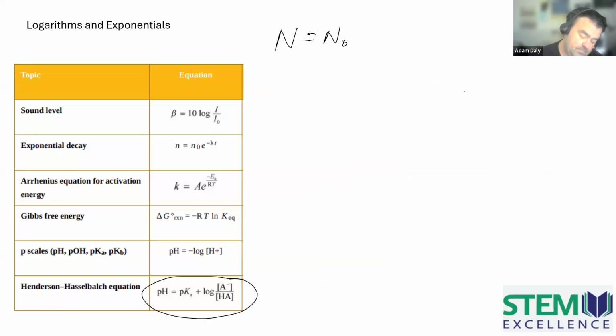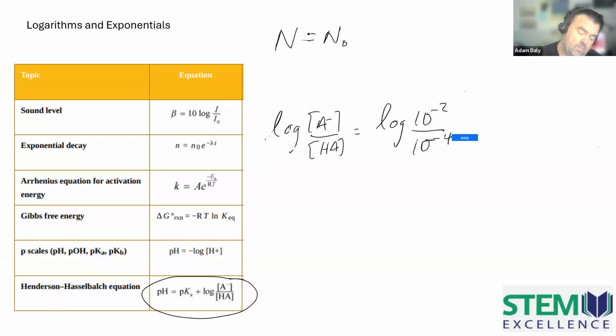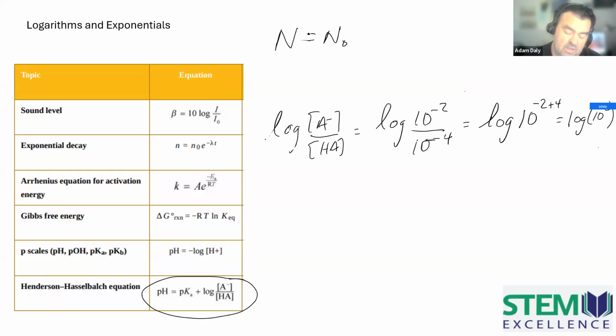So for example, if you have the log of A minus over HA, and you're told that this is log of 10 to the minus 2 over 10 to the minus 4. And now what is that? Well, that is the log of 10 to the minus 2 plus 4, or log base 10 of 10 to the 2. Okay, so we want to know what is that number.